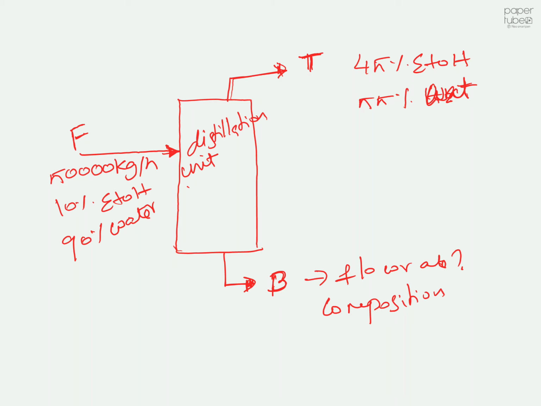In the top, we know the flow rate. I already mentioned that in the top you get 1/10 of your feed. So your top mass flow rate, if the input mass flow rate is 50,000 kilograms per hour, so every hour we are supplying 50,000 kilograms of a fluid stream that contains 10% ethanol and 90% water into the distillation unit, will be 1/10 multiplied by 50,000.